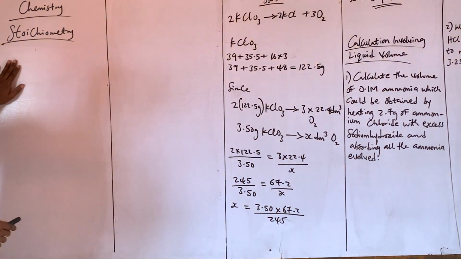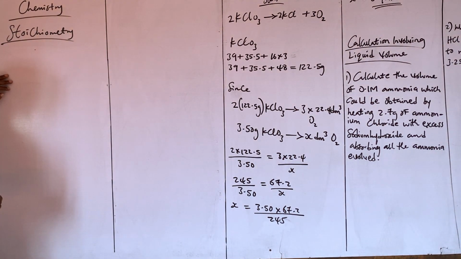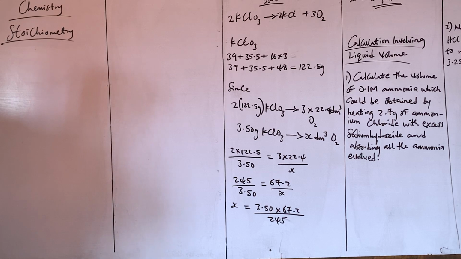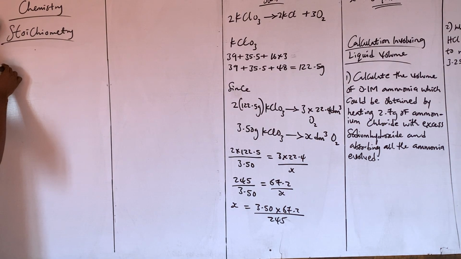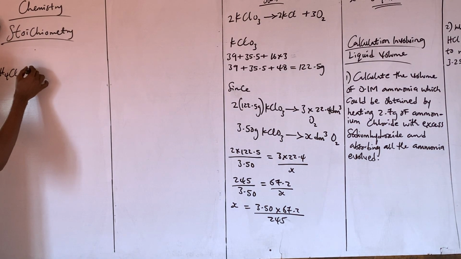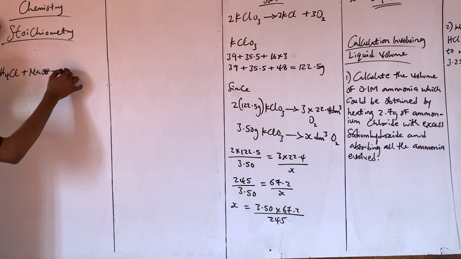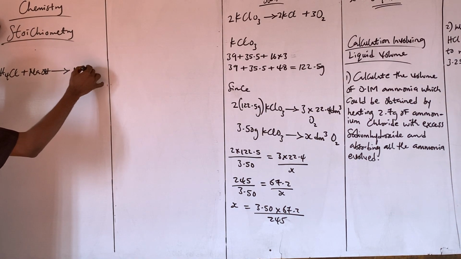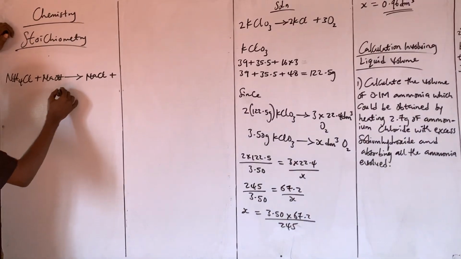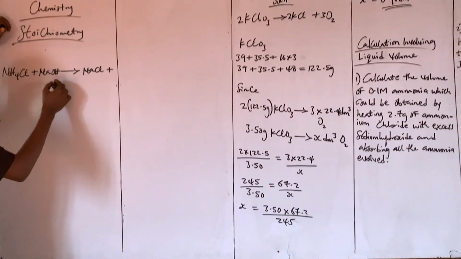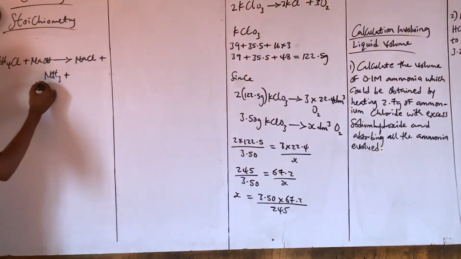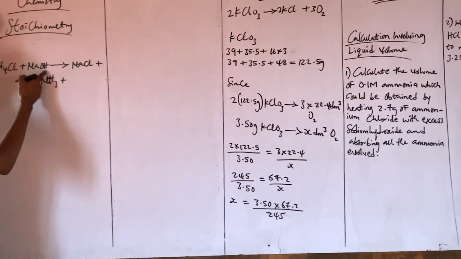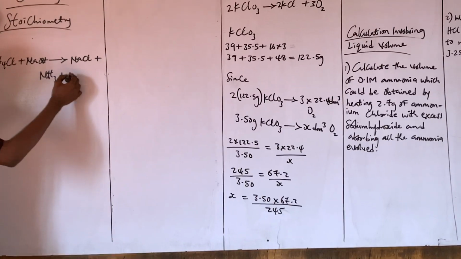Now I'm going to solve over here. So what we are given in the question: ammonium chloride plus sodium hydroxide gives sodium chloride plus ammonia plus H2O.